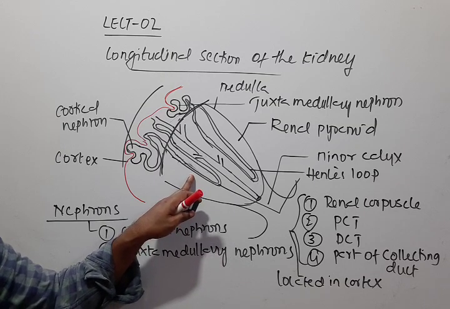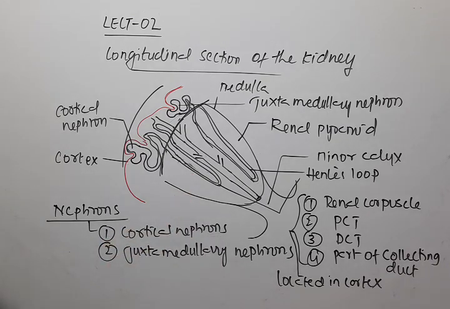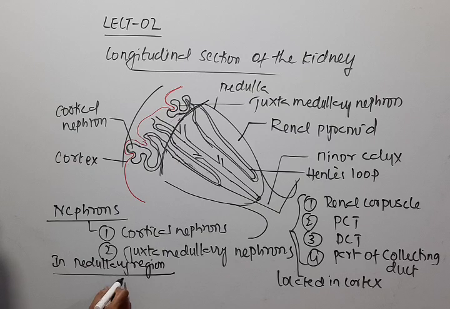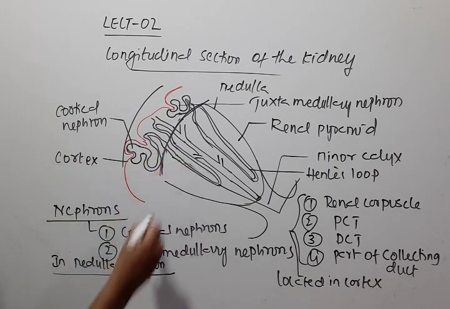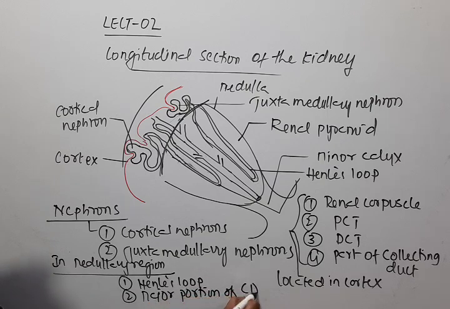And coming to the renal pyramid or the medullary region, in the medullary region you will find the Henle's loop and the major portion of the collecting duct. Okay, so in the medullary region, what parts of the nephron are present? So we see here the Henle's loop and, okay, the major portion of the collecting duct.